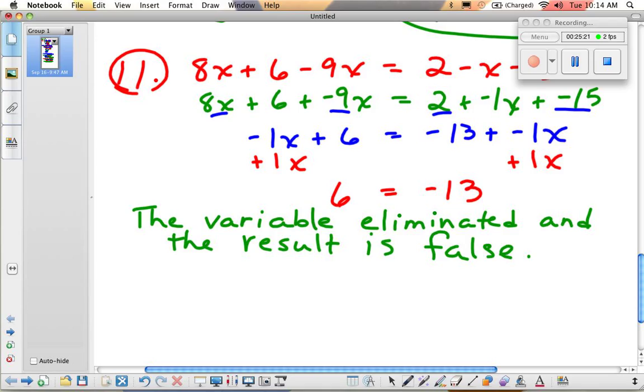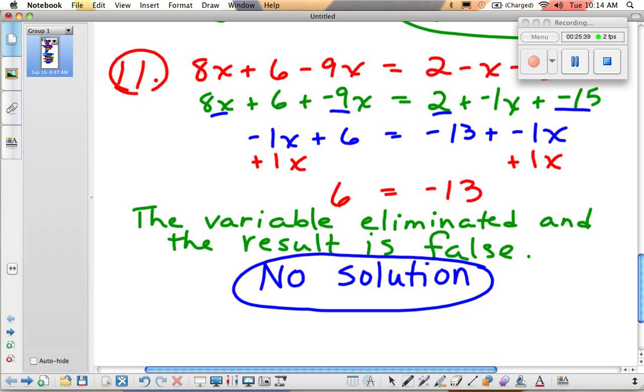The variable eliminated, it disappeared, it's gone, there's none of it left. Well, if it eliminated and the result is false, that tells us no solution. There is not anything you can put in there for x that would make this a true equation.